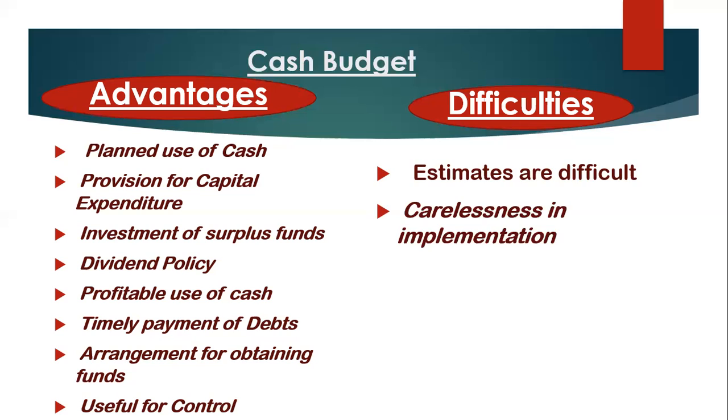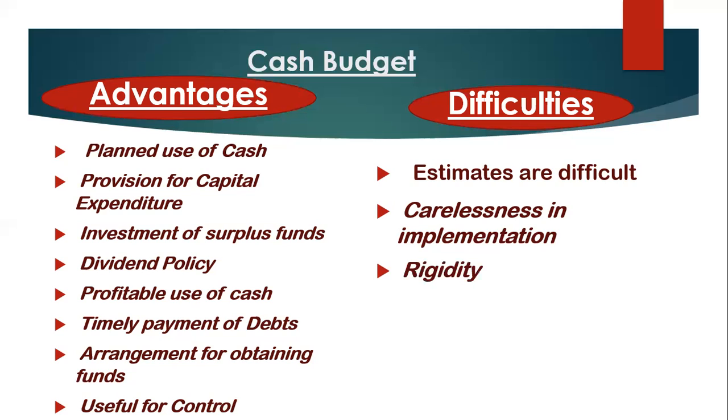If we are not careful about implementation of the cash budget, then it will not help us in any way, because it will become just paperwork. It will not be useful for us practically. So implementation is very necessary, and mostly we find difficulty when there is carelessness in implementation.